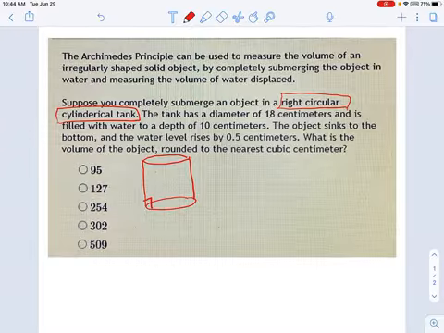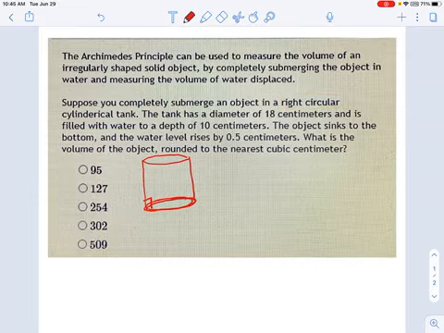The sides of the cylinder form a right angle, and the bottom of the cylinder is a circle. So it just means a cylinder that is nice and straight and upright, and maybe not like I drew here because I'm a terrible artist, but you have a circular base and you have straight walls that go up. Okay, so that's my picture.